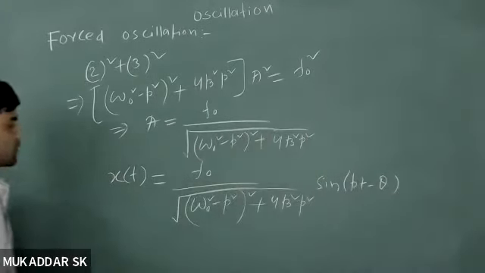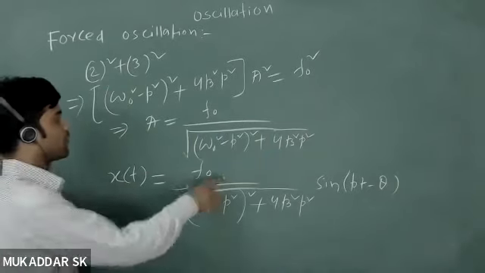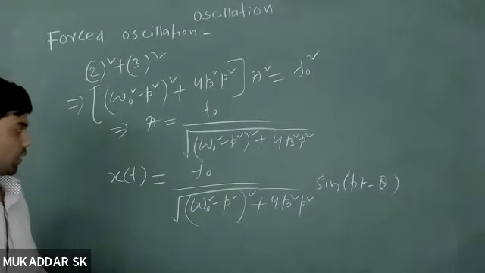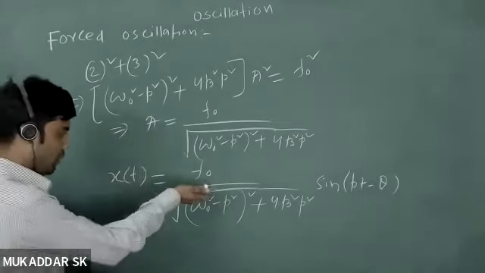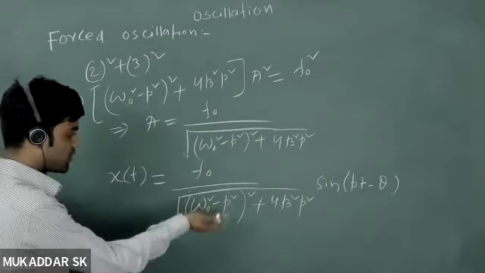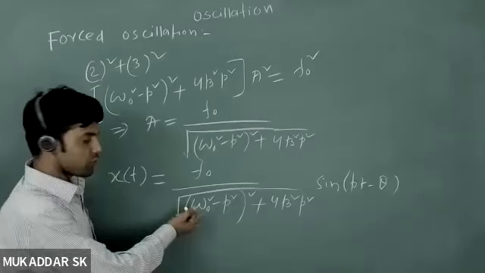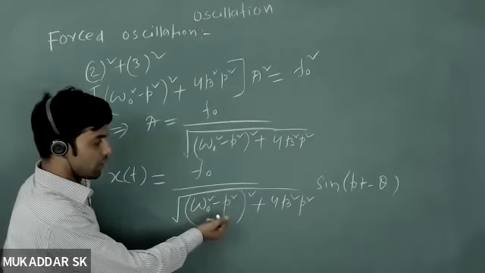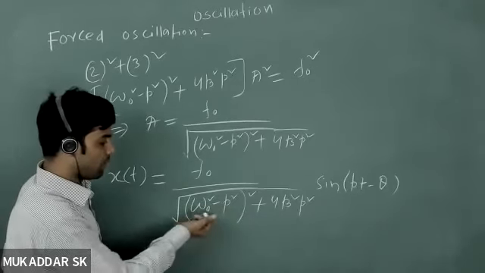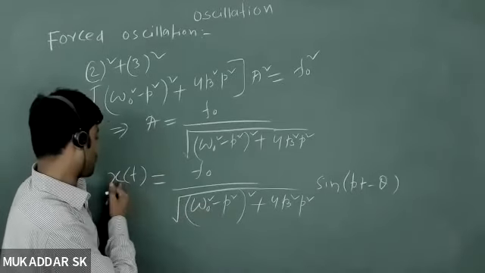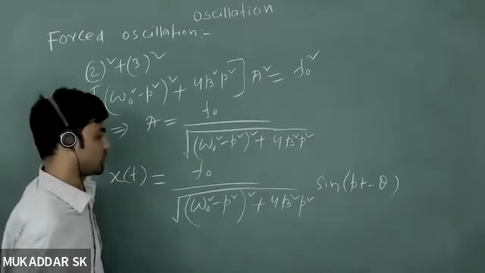What I have done, just I have substituted the value of amplitude, because you assumed that the solution of your equation was a sine (pt minus theta), and you obtained that value of amplitude a, right? And that amplitude itself depends upon what factor? It depends upon the natural frequency of oscillation and the driving frequency, right? These are the main terms on which your amplitude of oscillation depends.